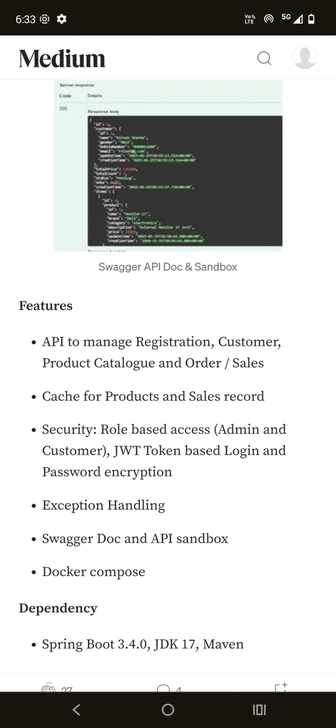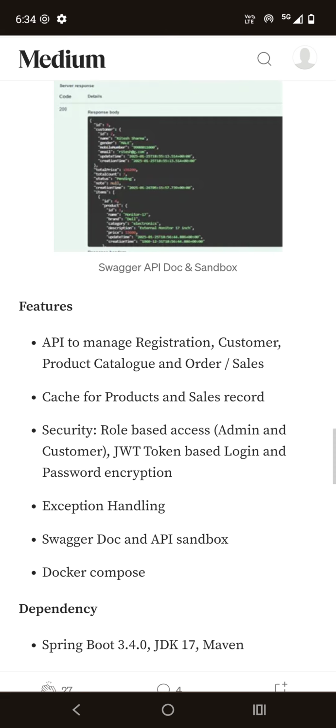But if you take customer card details, payment related details, or some other sensitive information, you may not store them in a cache. They should be stored in the database.